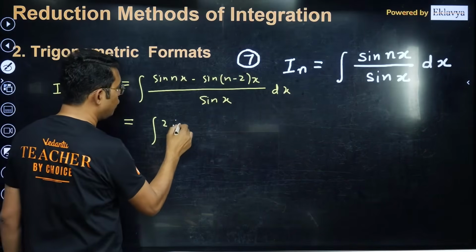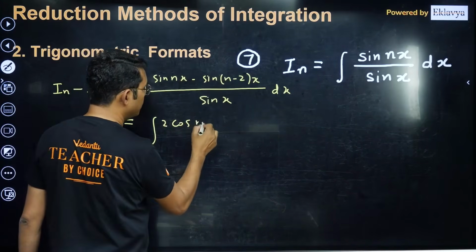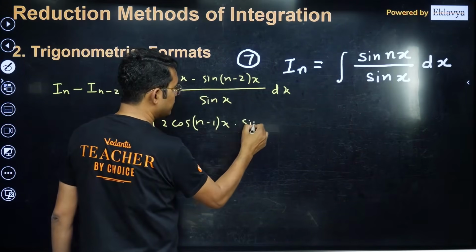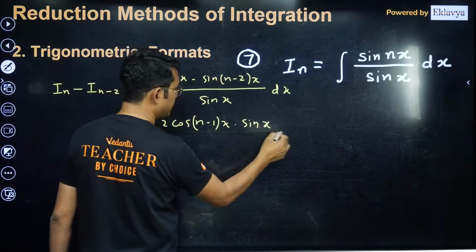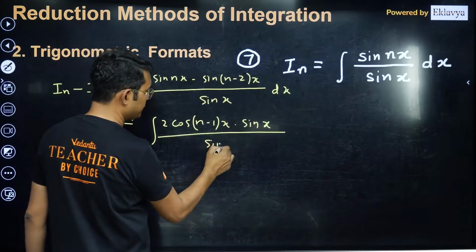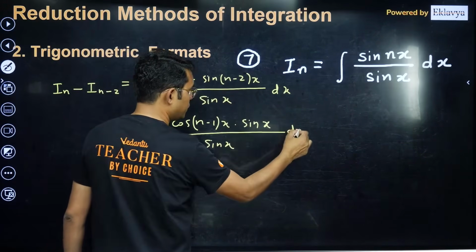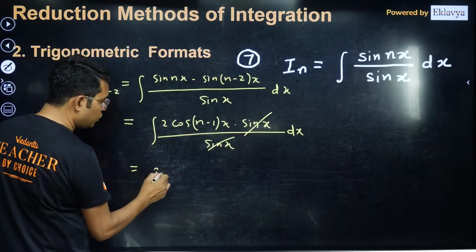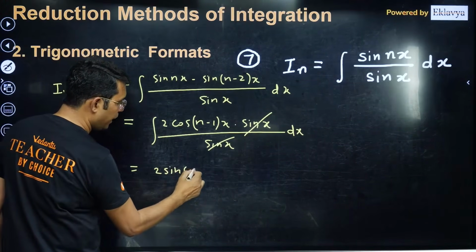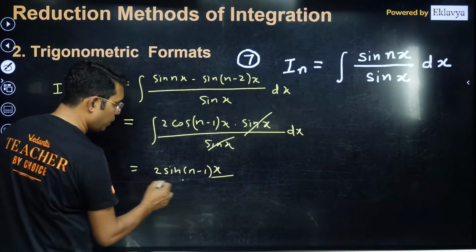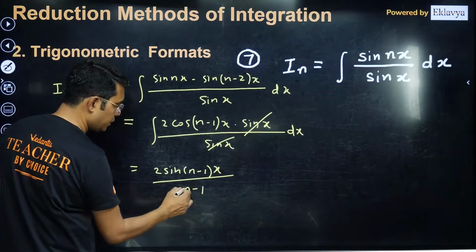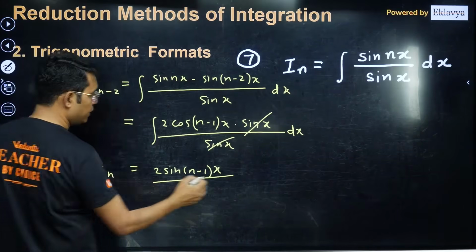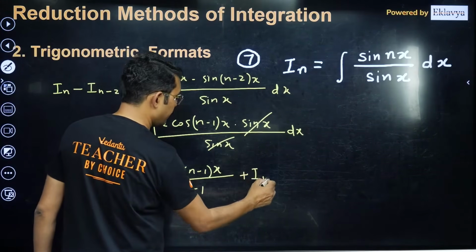So this becomes 2 cos of (c plus d) by 2, which becomes (n minus 1)x, and then sine of (c minus d) by 2, so sine x upon sine x dx. Now sine x can be cancelled, so you will get the integral to be 2 sine (n minus 1)x upon (n minus 1). Okay, so what we have got is I n is equal to this plus I n minus 2.